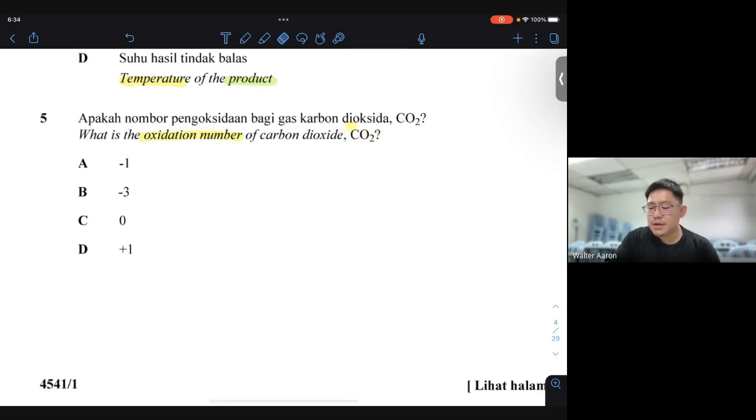Because both of the atoms, or both the elements, already achieve octet by sharing electrons inside the structure, there will technically be no charge whatsoever. So I would say that the overall oxidation number, or the overall charge of carbon dioxide, will technically be 0.